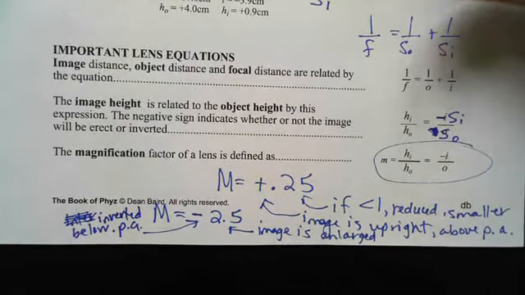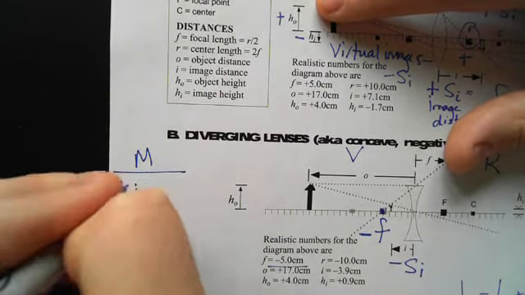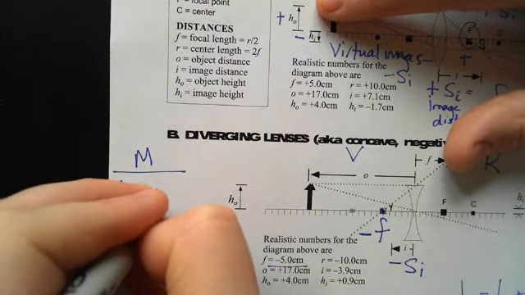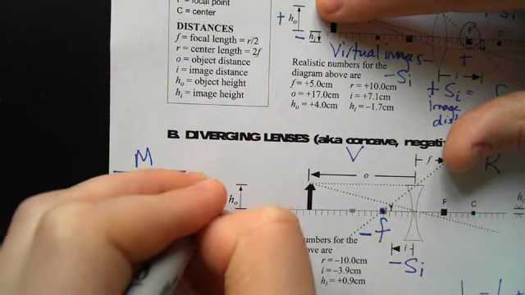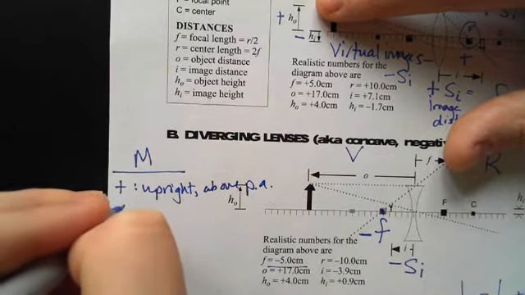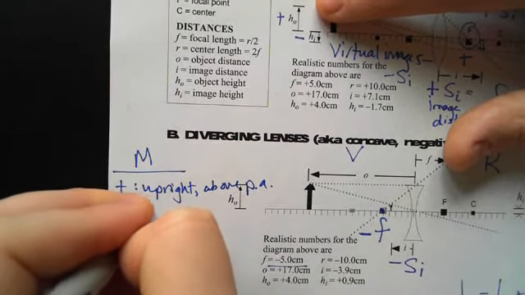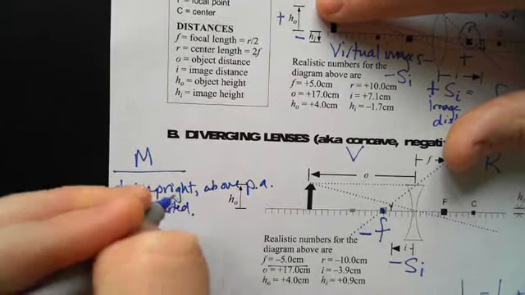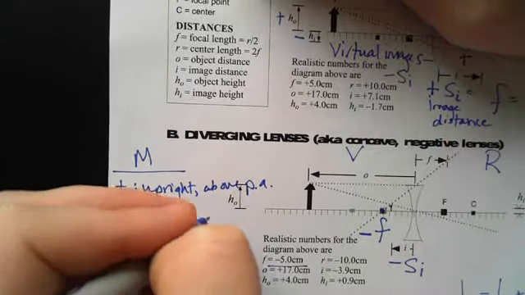Okay, so let me just clarify really quick. For magnification, a positive value means it's upright and it's above the principal axis. A negative value means that it's inverted. All images below the principal axis are inverted.